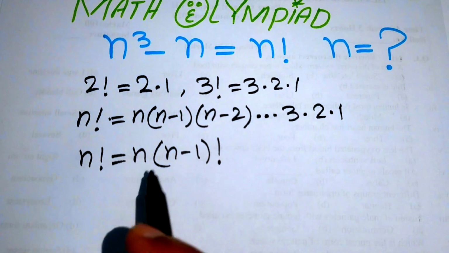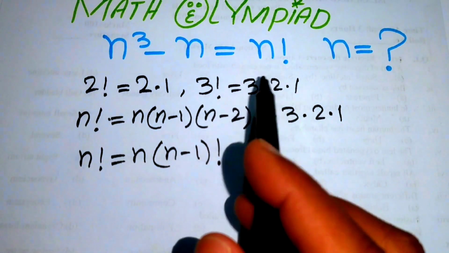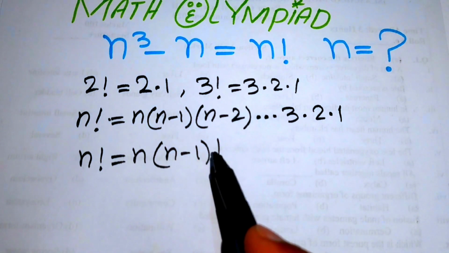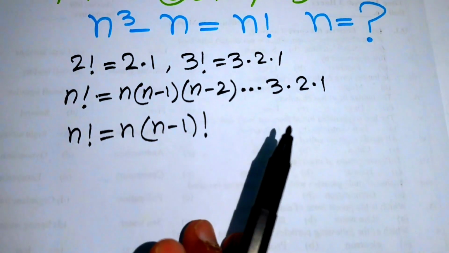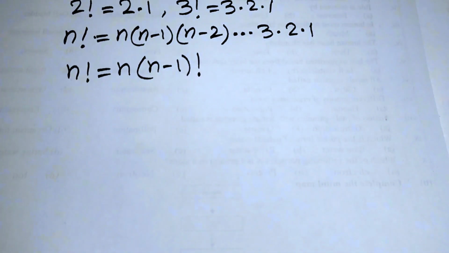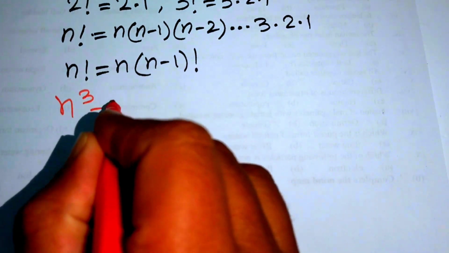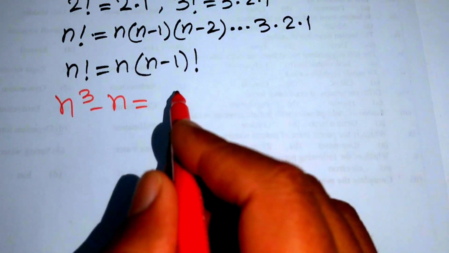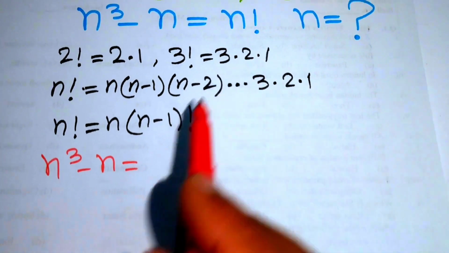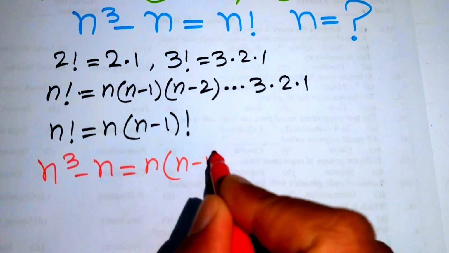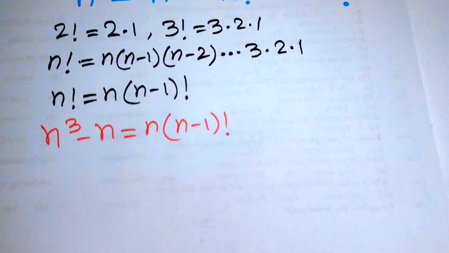So here you focus on the right hand side of this equation and we replace this n factorial by n times n minus 1 factorial, so that the above equation will be written as n cubed minus n equals n times n minus 1 factorial.